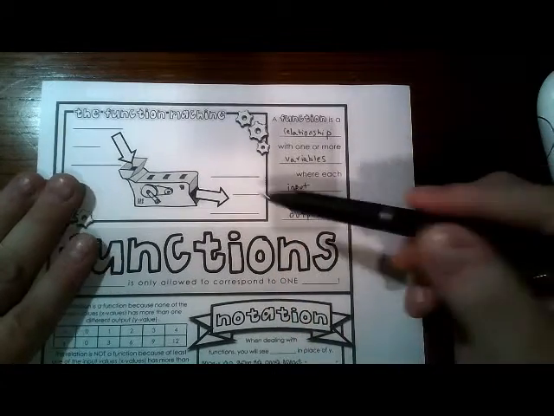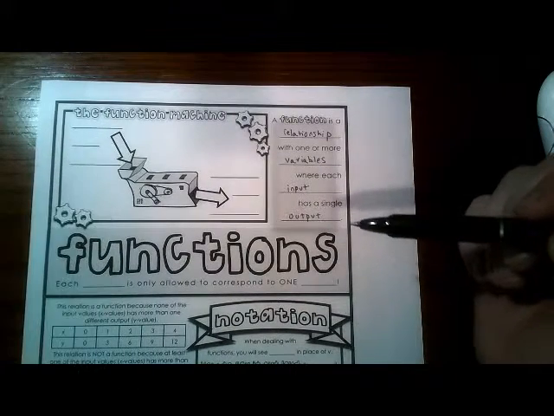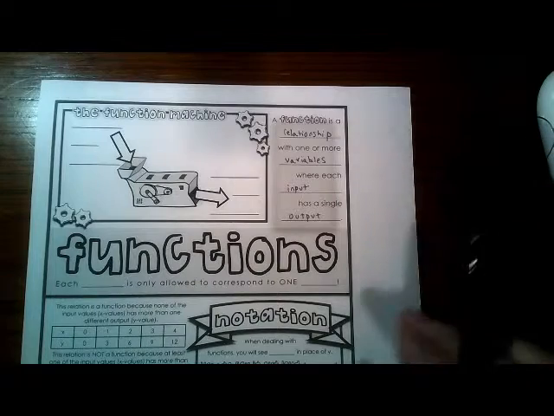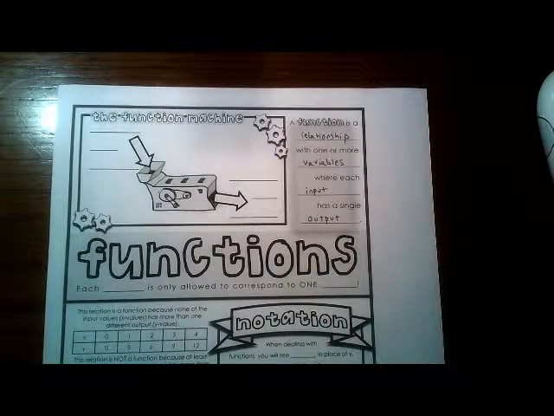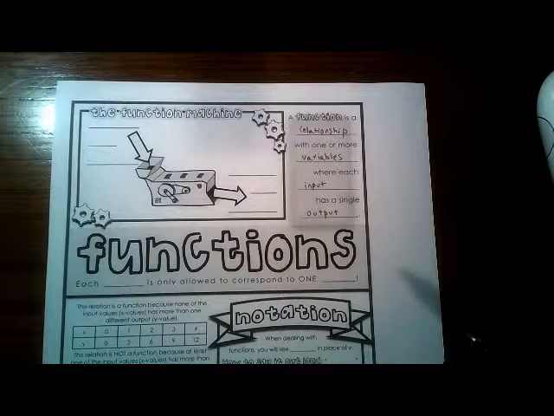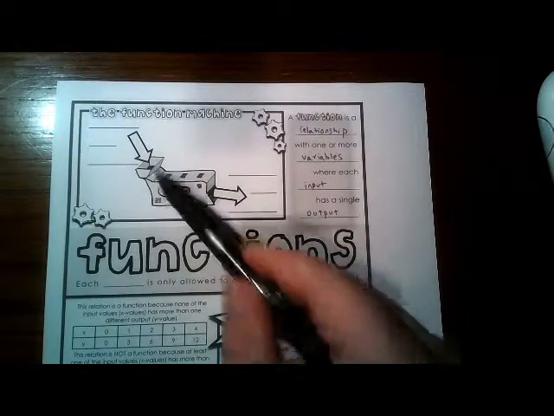So single is like one and only one. It doesn't have two outputs, it doesn't have three outputs, it doesn't have four. Okay? And when we start talking about this idea of inputs and outputs, what you want to think of as a function is a kind of machine. So this is kind of our function machine.